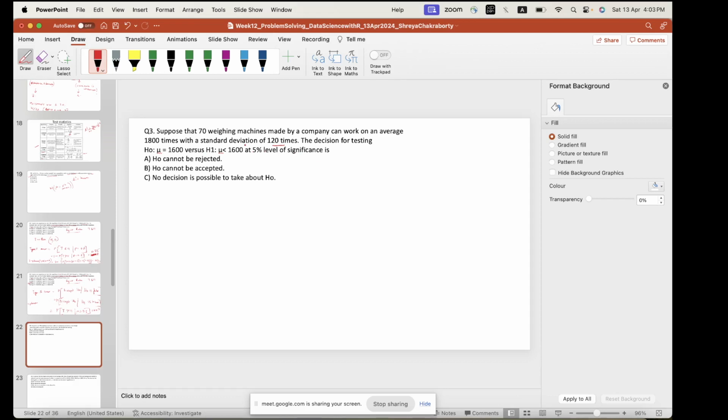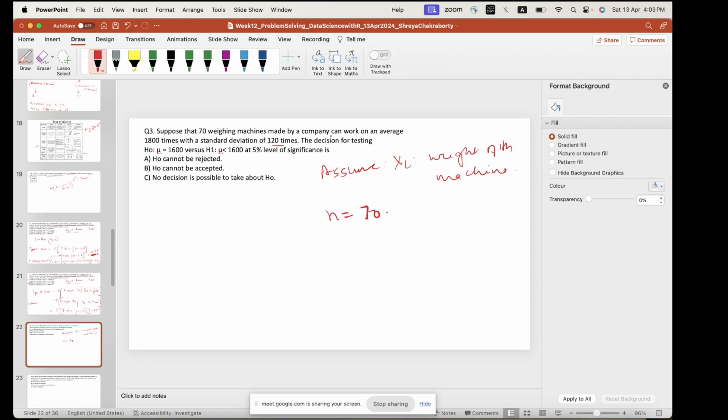Okay, so here we'll assume that xi is the weight of ith machine. Then we have n equal to 70 weighing machines.